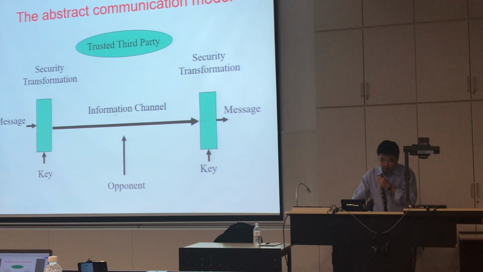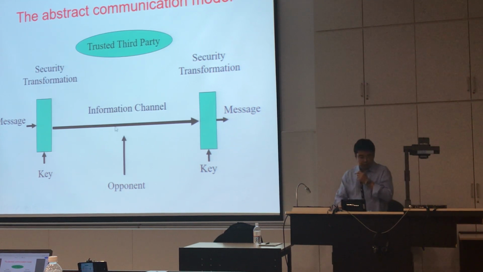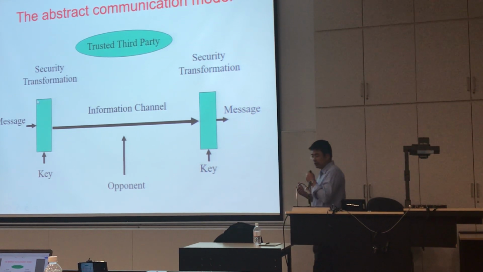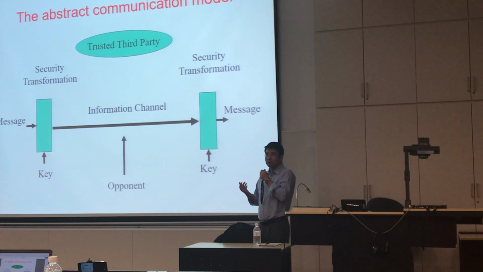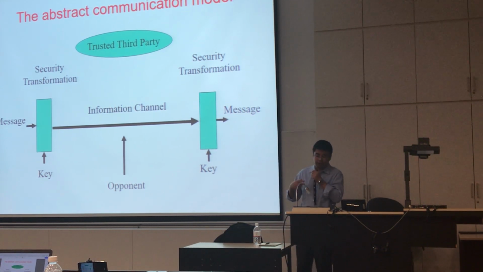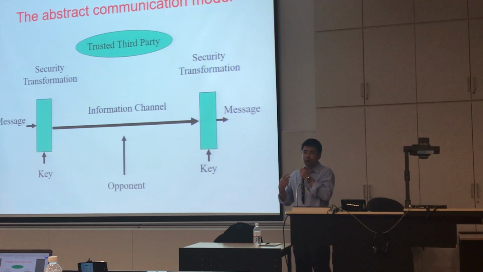So in this abstract model, we have a few entities. We have the sender and receiver. The sender wants to deliver some message to the receiver, right? Then, in order to protect the communication, we don't deliver the message in plain text. We transform the message and deliver it in a secure manner.